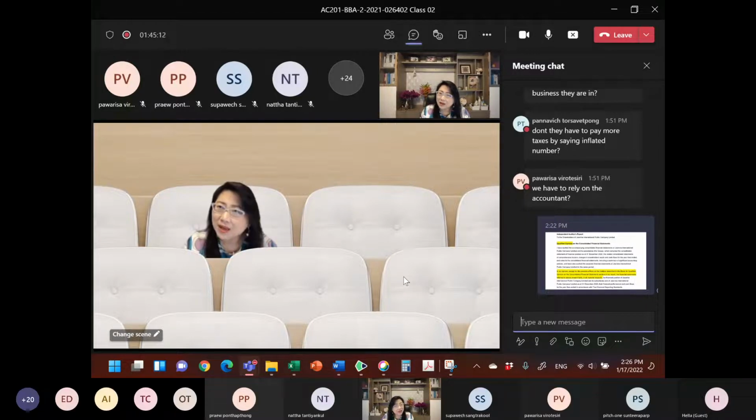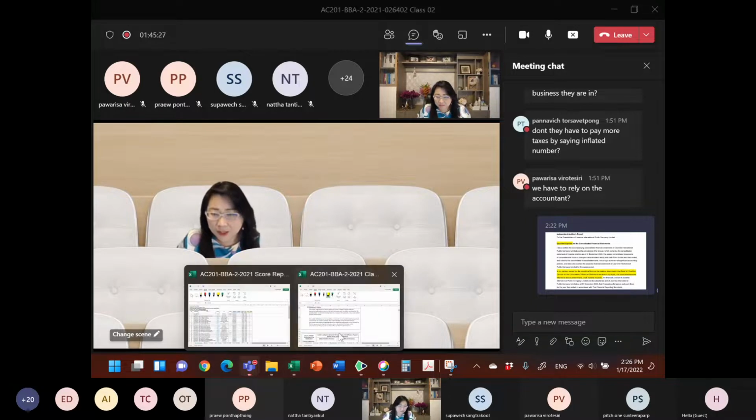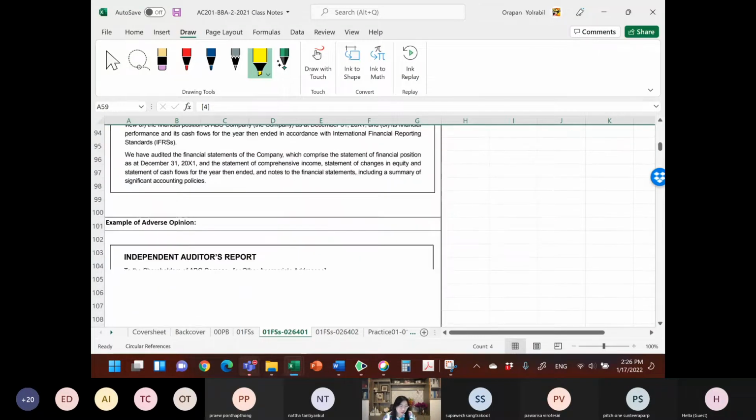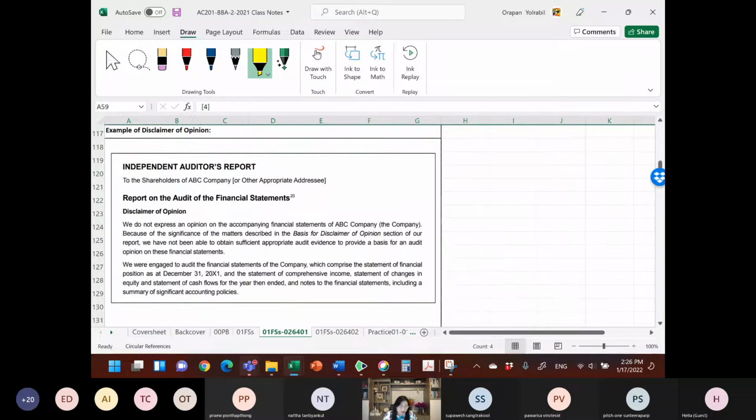Or maybe there are cases where the auditor may not be able to obtain enough information to perform the audit, so they do not have enough information to form any opinion and do not render any opinion. So over here, if you look at the example, the auditor will say we do not express an opinion. There's no opinion.